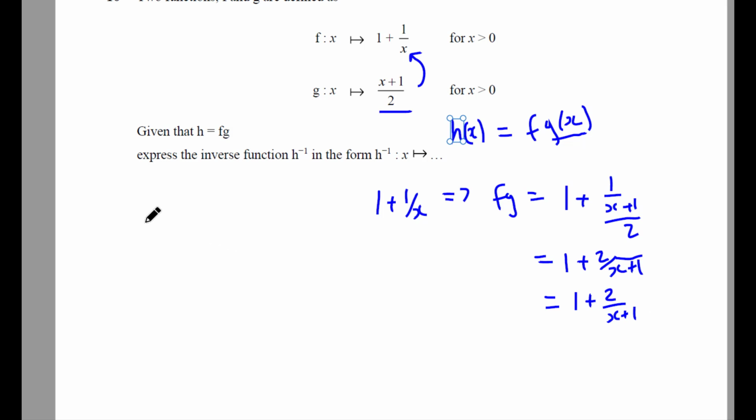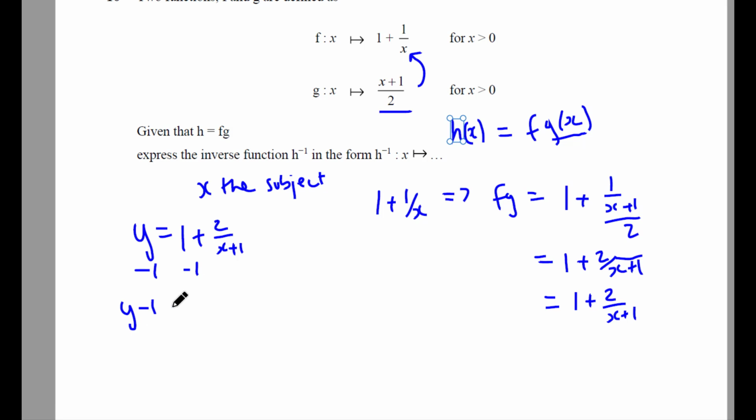Now the inverse function, I like to do this in the method where I make x the subject. So I'll minus 1 on both sides to get y minus 1 equals 2 over x plus 1.